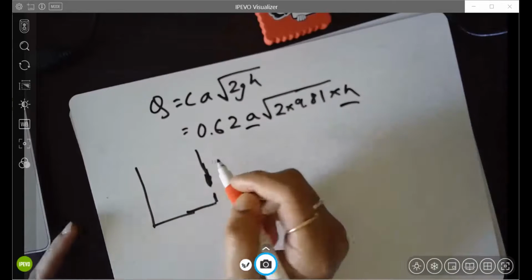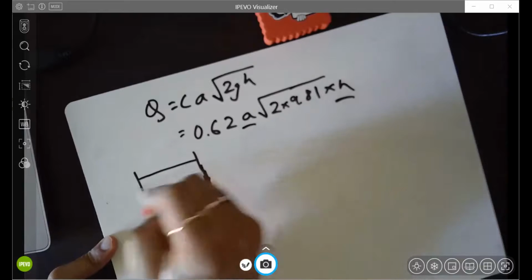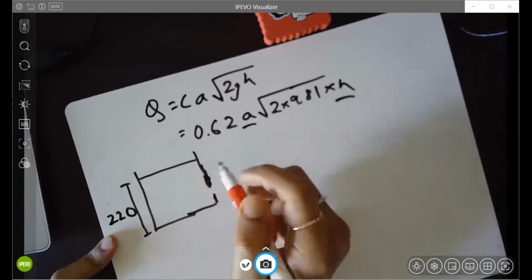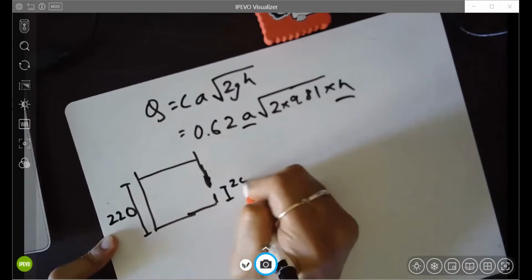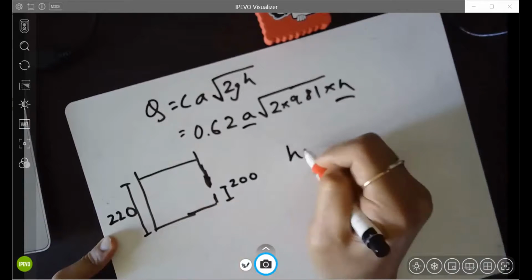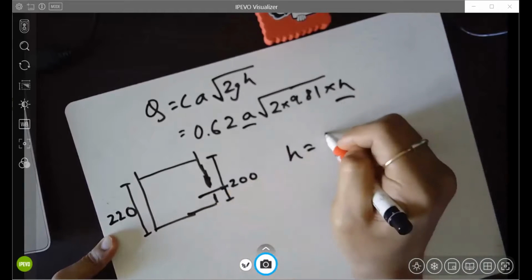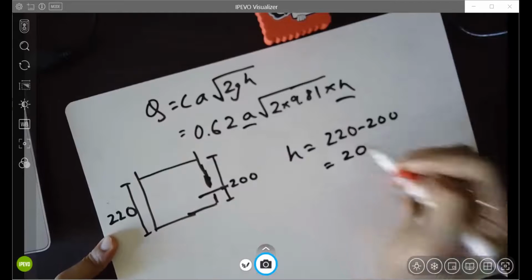So, the water surface elevation of the impoundment is 220 meters, and the elevation of the center of the orifice is 200. What is the head difference? 220 minus 200 equals 20.